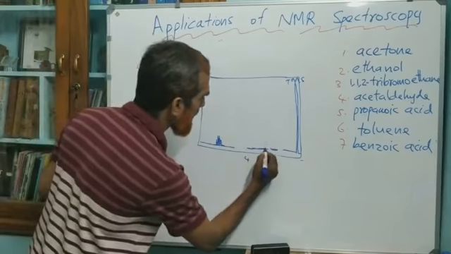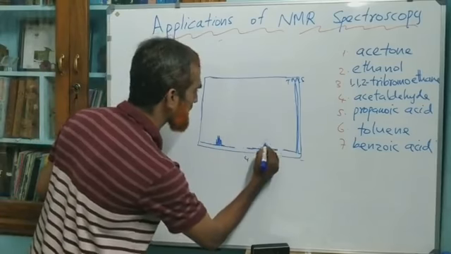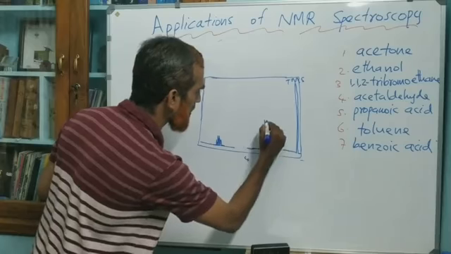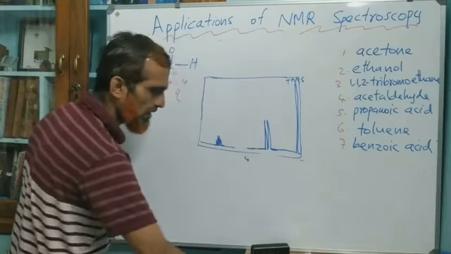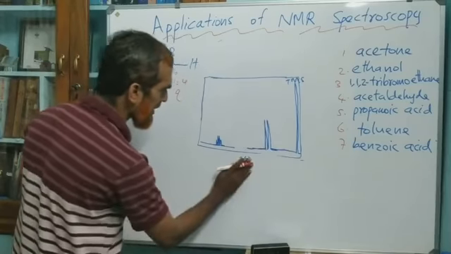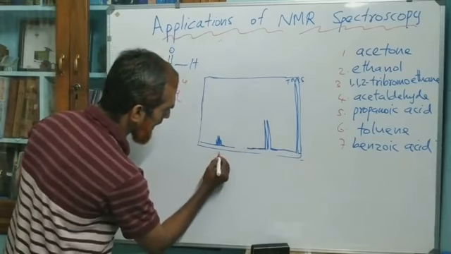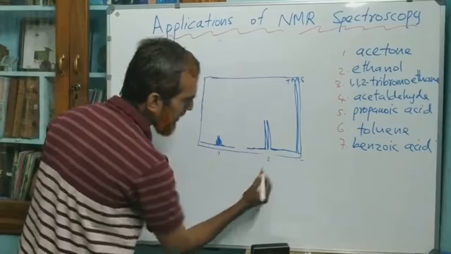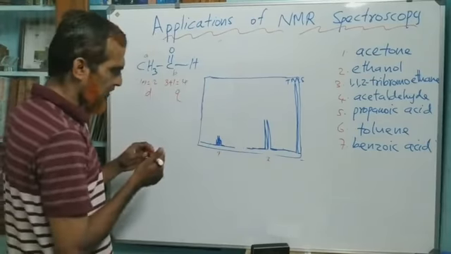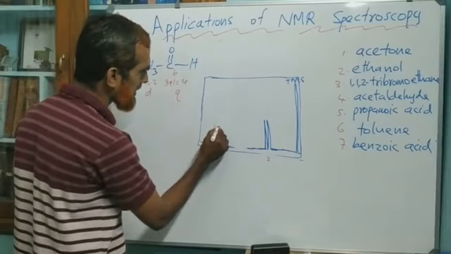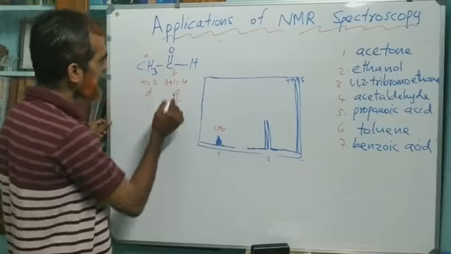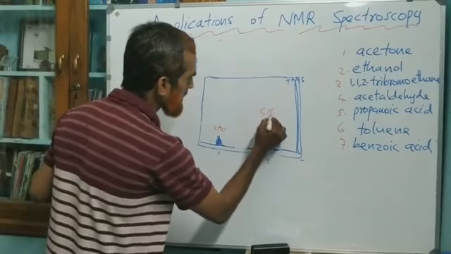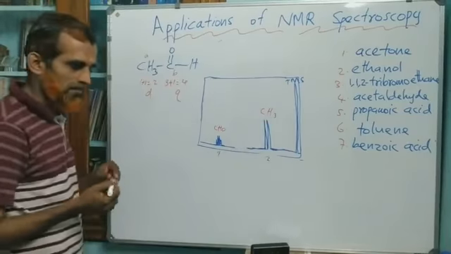Somewhere here, it will be a very large doublet, because there are 3 protons. So this is coming around somewhere 9 or 10, and this is at 2 to 2.5. You need to predict rough values only here, but you should know this is the CHO proton and this is the CH3 proton. Correct? Okay.